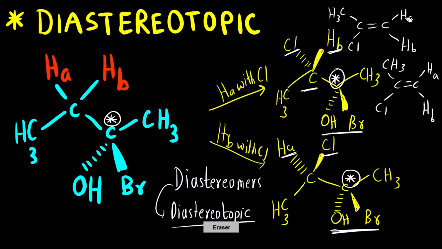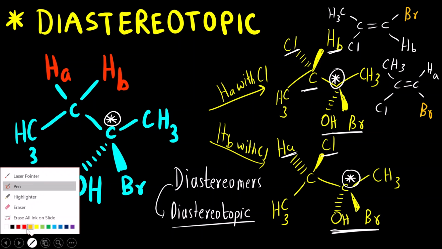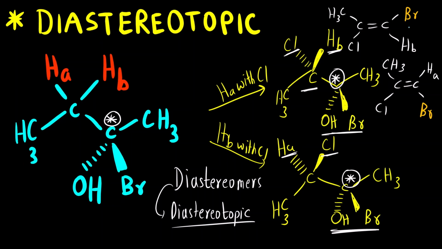Suppose I replace HA with Br, and in the second molecule I replace HB with Br. Here also we can see they are diastereomers. We can assign E/Z nomenclature here. How do you find E/Z?